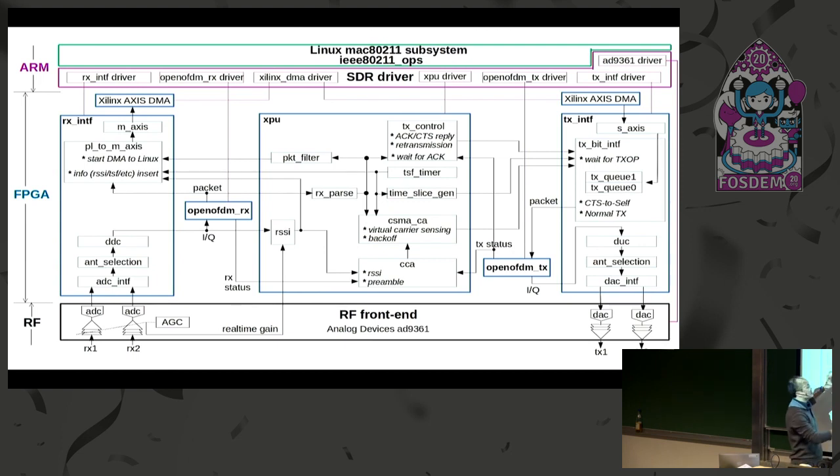Then huge things are out of the physical layer. This branch is for the receiver path. We have a DDC, antenna selection, feed IQ to the physical layer, then take the packet to the Linux. Meanwhile, not all the packets will go to Linux. If you check the Linux mac80211 framework, they tell you what you should do in the Wi-Fi chip.